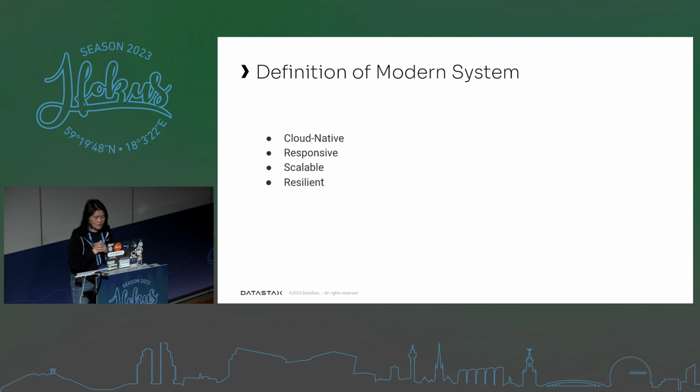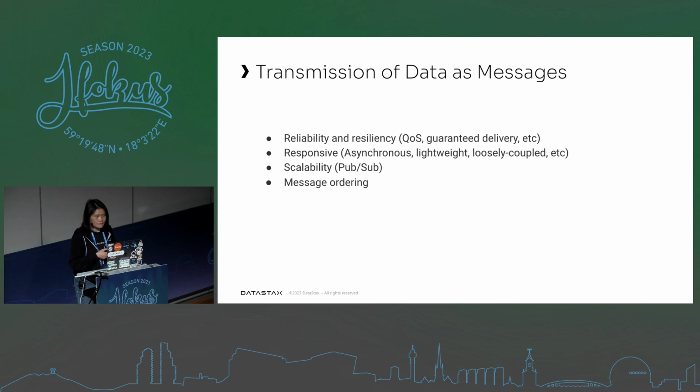And not only being cloud-native, responsive, and scalable, you want the system to be very resilient. So if something happens, you want it to be able to recover quickly or have some way of bouncing back. This is a general definition of a modern system.